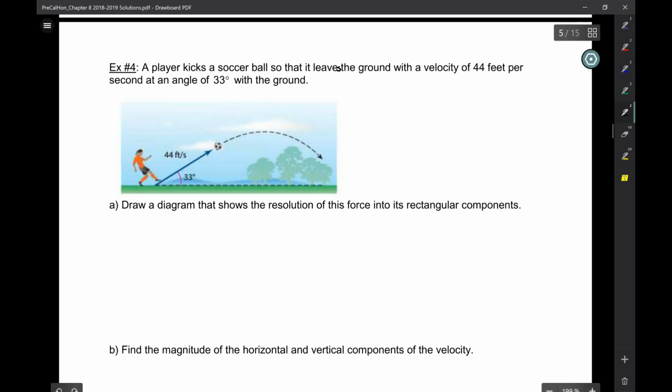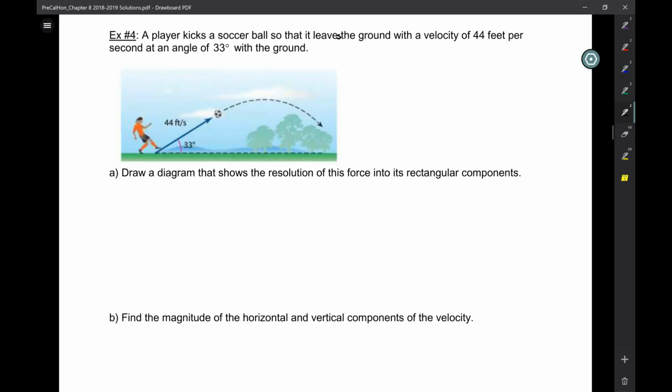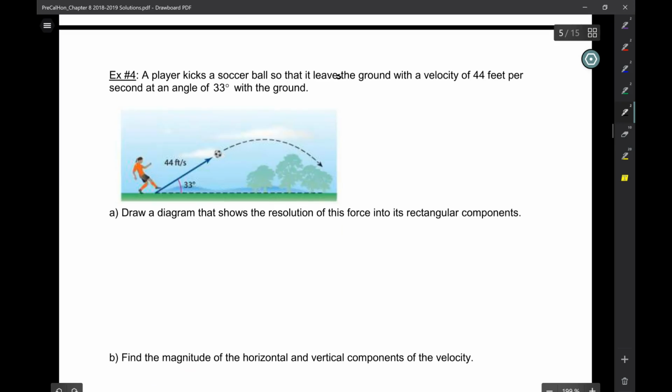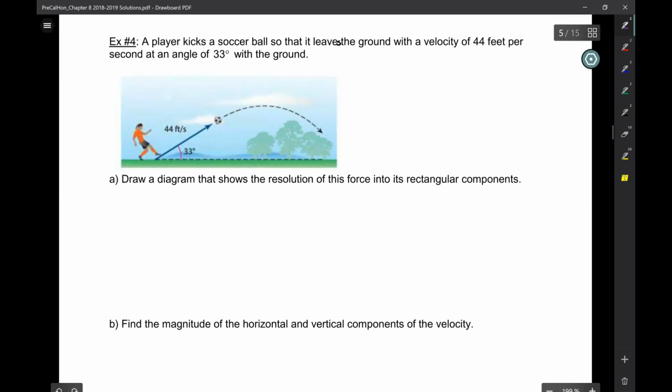It's useless to us. Draw a diagram that shows the resolution of this force. So he kicks the soccer ball with a velocity of 44 feet per second. This is your vector, with an angle of 33 degrees with the ground.